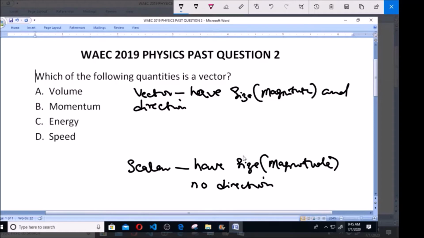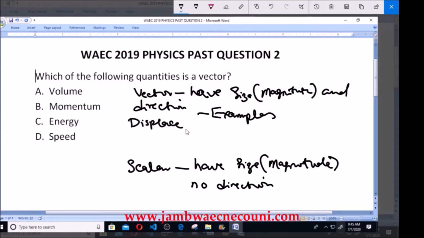So now let's look at examples of vector quantities. When we look at things like displacement, we have distance and we have displacement. If you're traveling from A to B, that is distance.